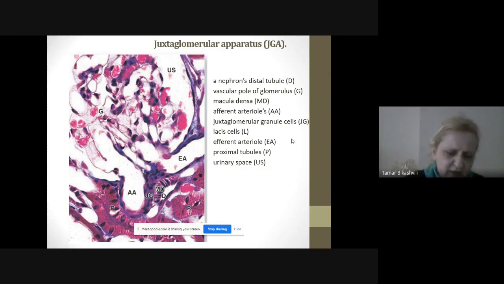Increased glomerular filtration rate increases, of course, the concentration of sodium and chloride ions.